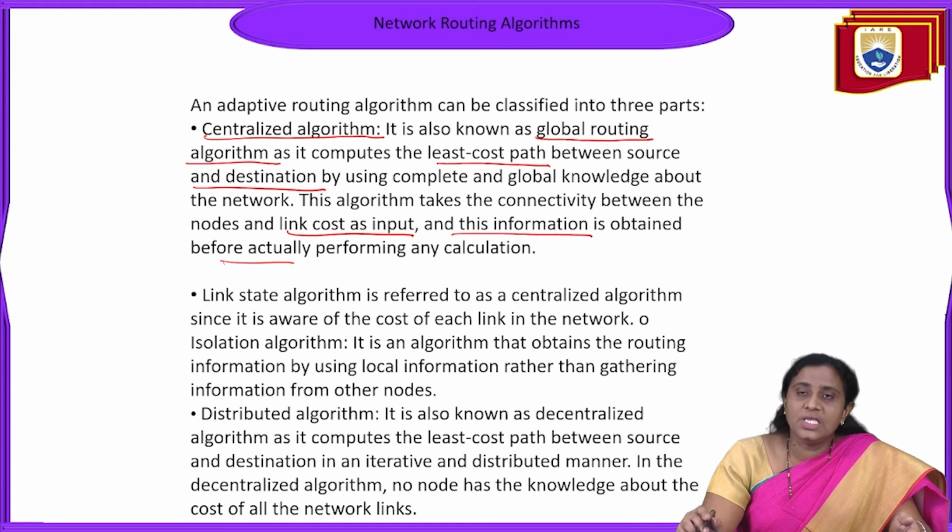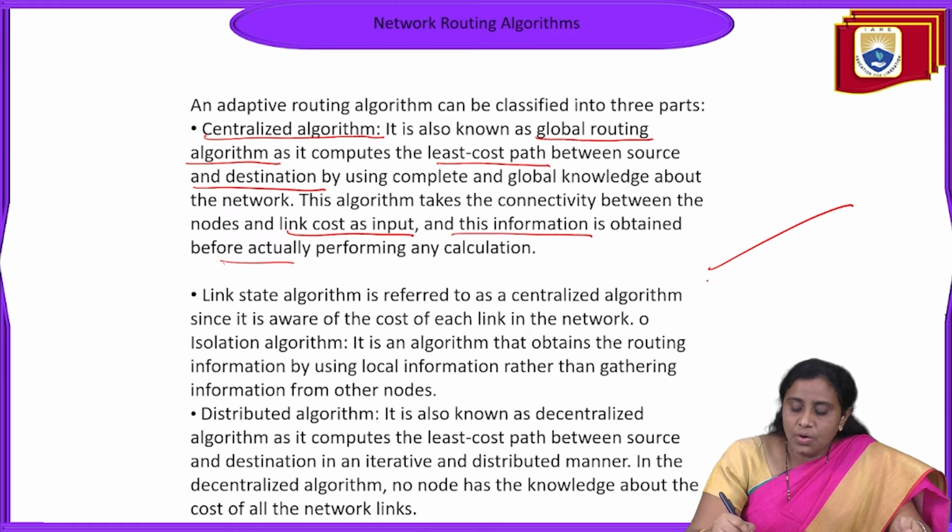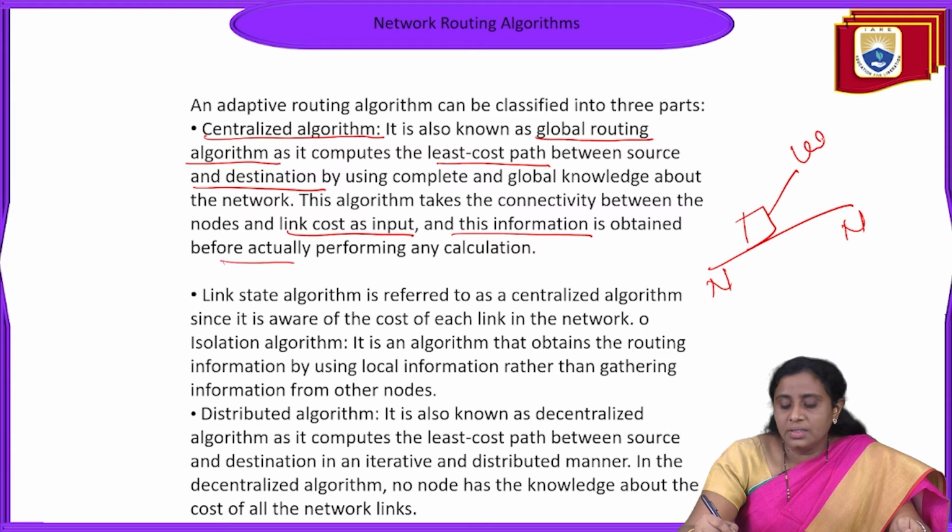Under the centralized algorithm, which is the globalized algorithm, it can compute the least cost path between the source and destination. That means it can determine one particular path for a data packet, what we mean by a least cost path or a shortest path.